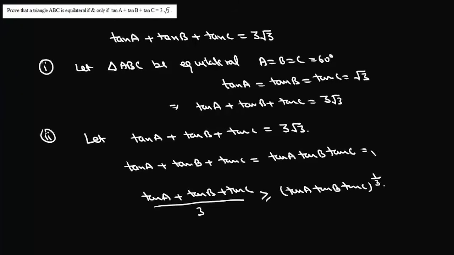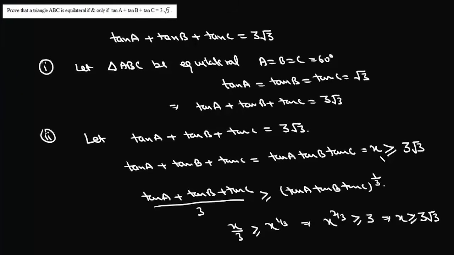Now suppose this is x. So we can write x by 3 is greater than or equal to x to the power 1 by 3, or x to the power 2 by 3 will be greater than or equal to 3. So from here x is greater than or equal to 3 root 3. So for any triangle, tan A plus tan B plus tan C will always be greater than or equal to 3 root 3.